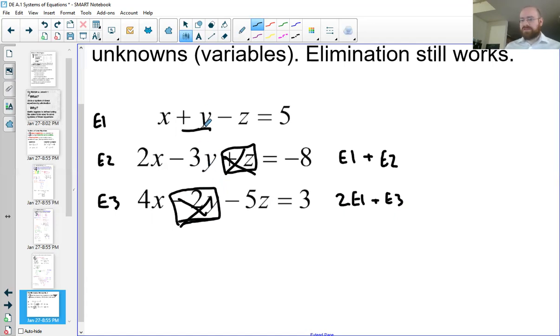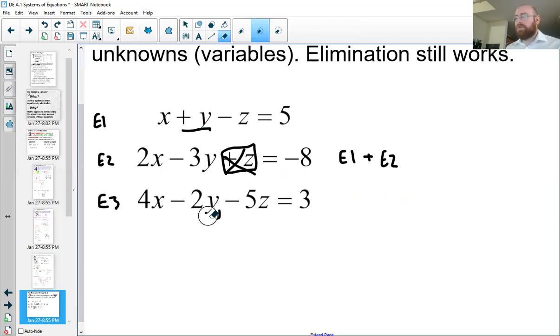However, for reasons that will become much more clear after we start using matrices, that is not the most efficient method. If I decide to use my first equation to get rid of z in equation 2, I should use my first equation to get rid of z in equation 3.